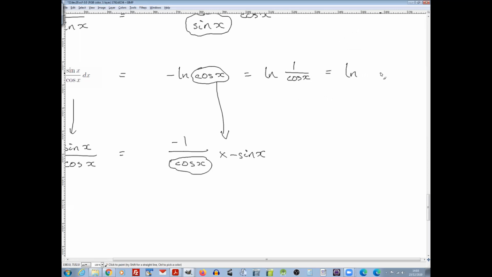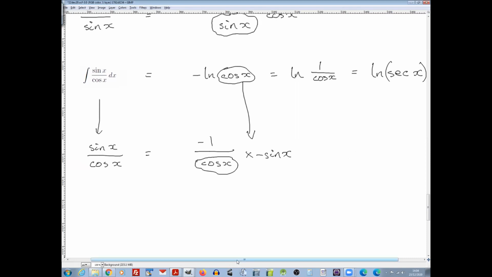We just have a word for it, that's all. 1 over cos is sec. Sec is the one, isn't it? I don't know why I didn't think of that. I should put brackets around there, really, to make it clearer. Yes, I will.